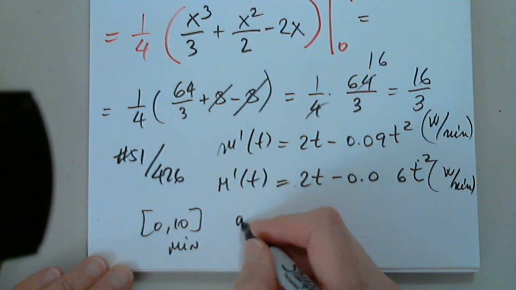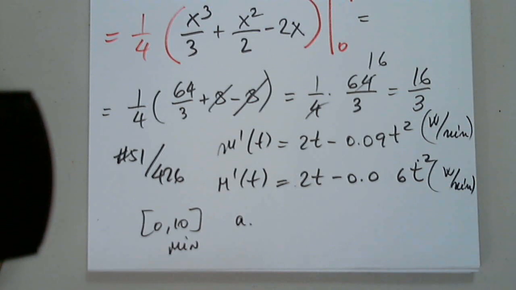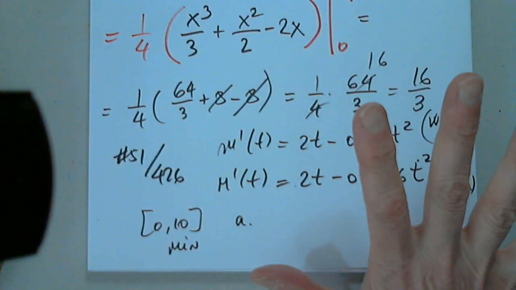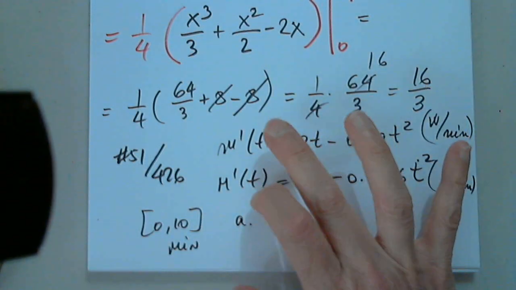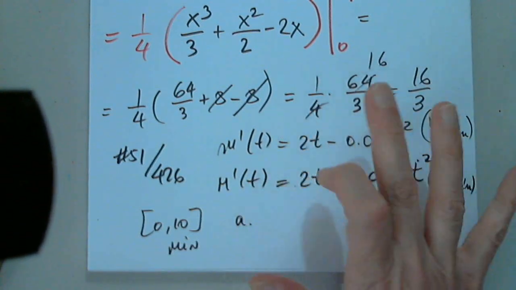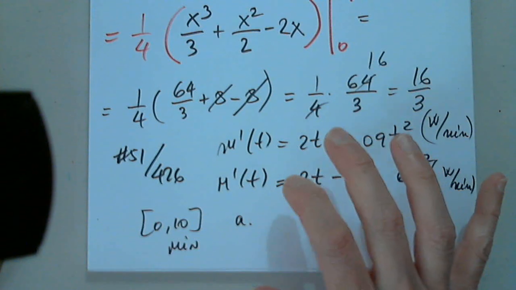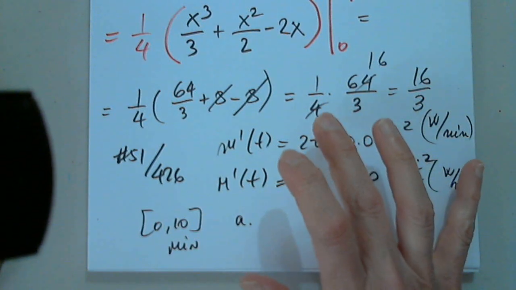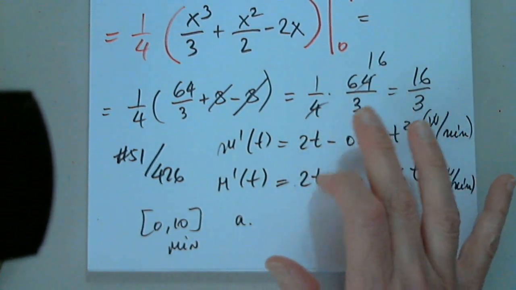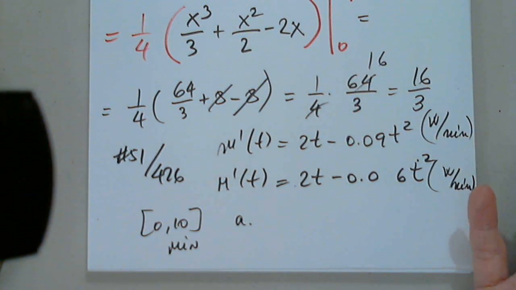So in part A, they're asking us, we do not have the memorizing function. We have the rate of change of the memorizing function. They're asking us to find which one had memorized more and exactly how many over 0 to 10 minutes.